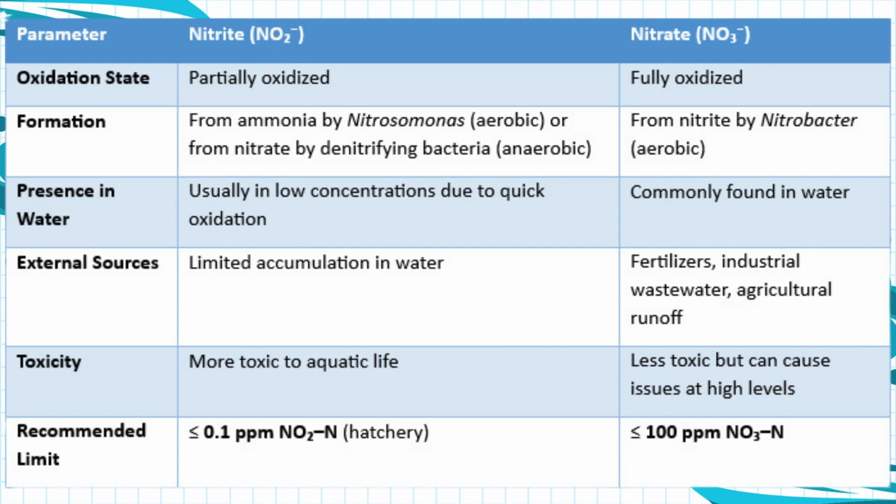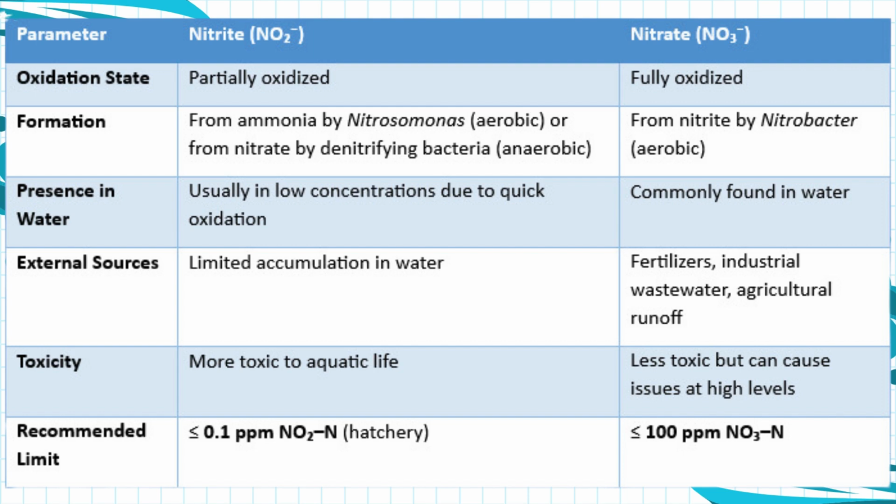The nitrate, on the other hand, is formed from nitrite by the Nitrobacter bacteria. As for the presence in water, nitrite is usually in low concentrations due to quick oxidation, while nitrate is commonly found in water and from other external sources.